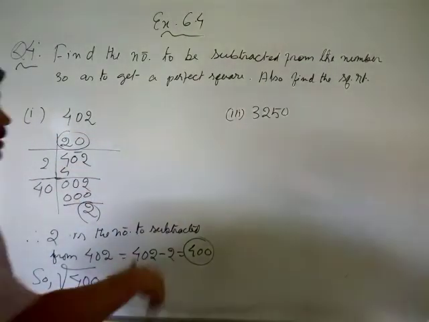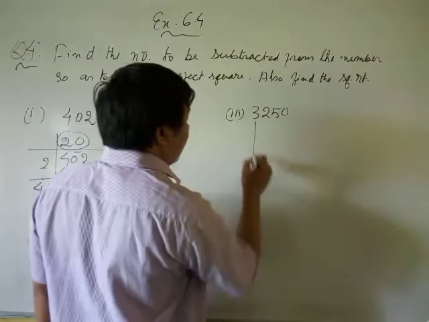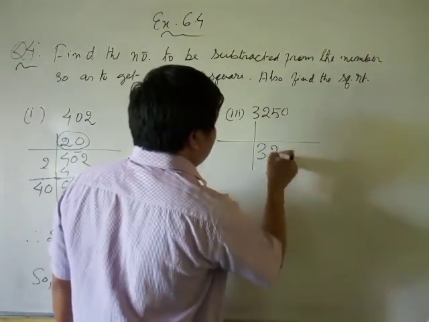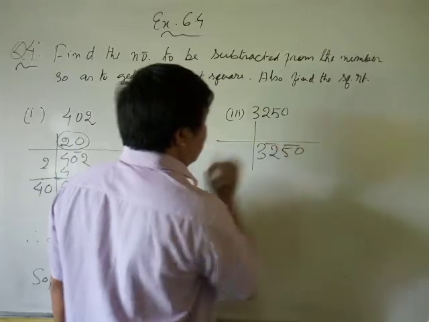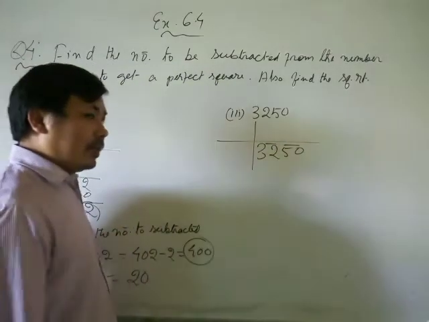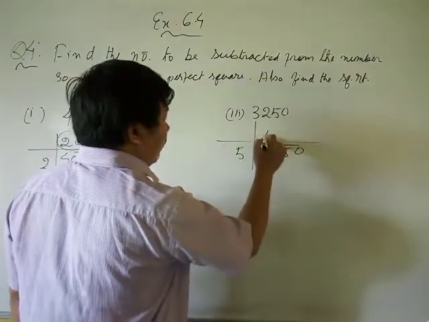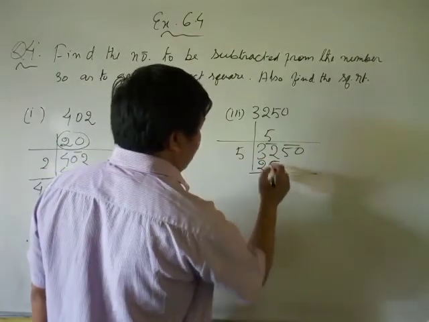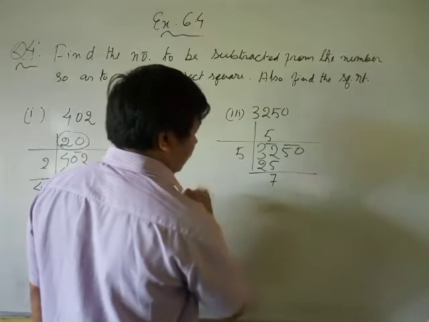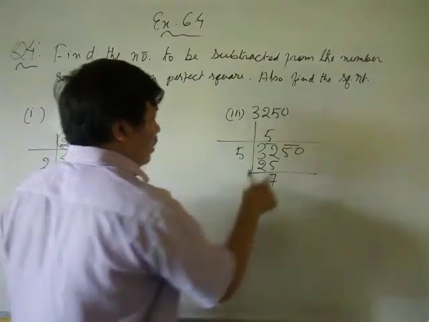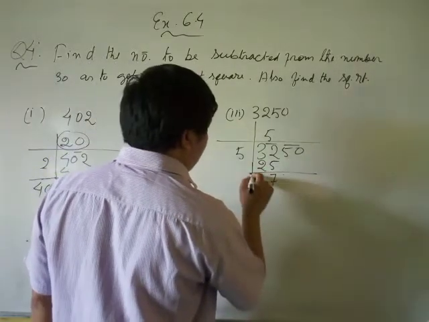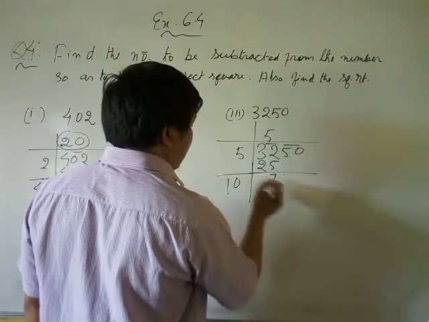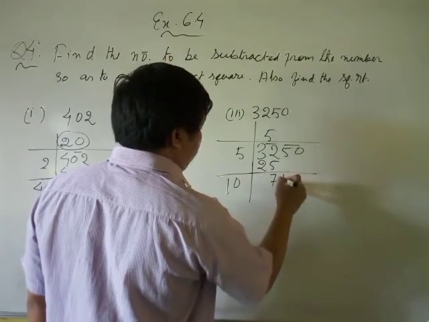Okay, like this, let us go here also. Here, 32. 5 fives are 25. How much remainder here? 12 minus 5, 7 is the remainder. So 5, next 10. We have to take this.